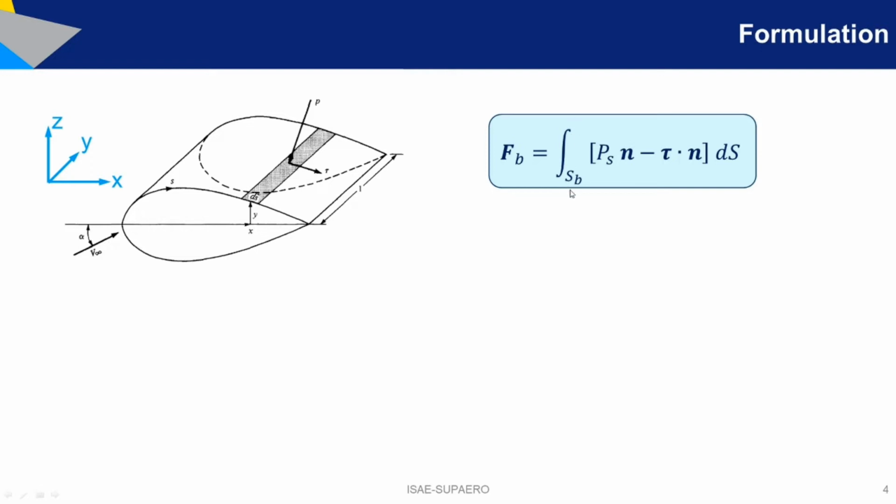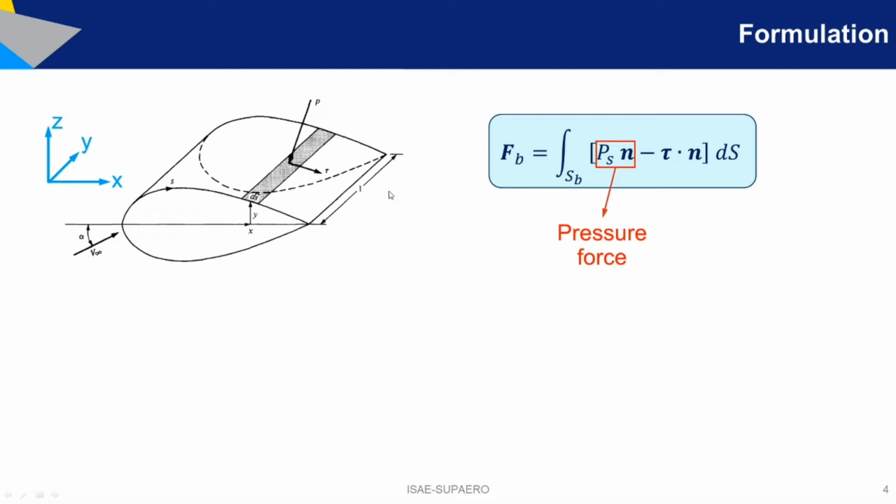So if you perform an integral on the total surface SB enclosing the body, you will obtain the total force acting upon that body. And that's the basis of the near-field method. It's called near-field method because you are taking into account the forces acting upon the body surface.